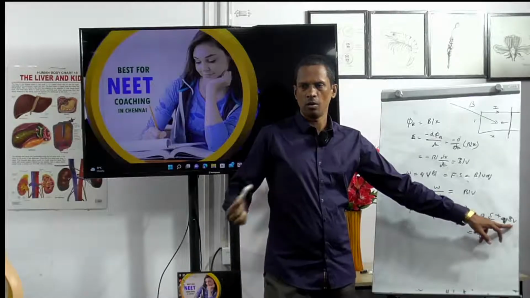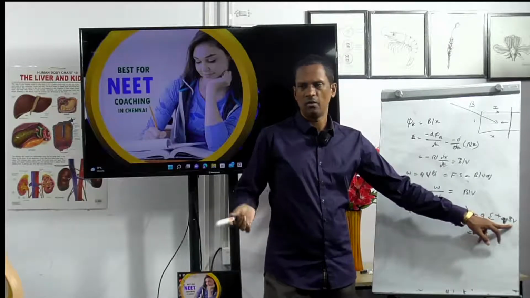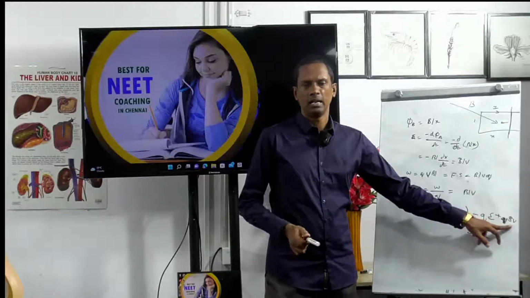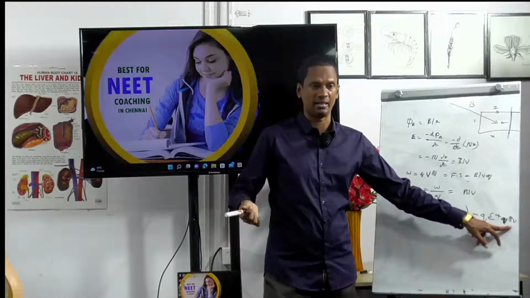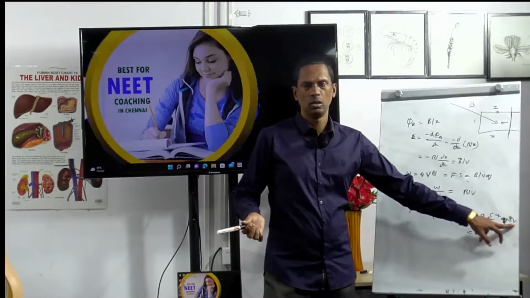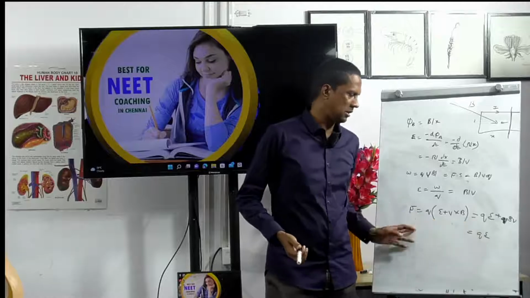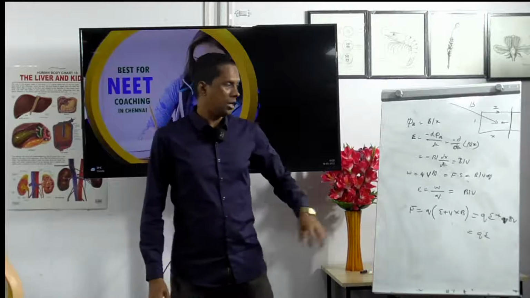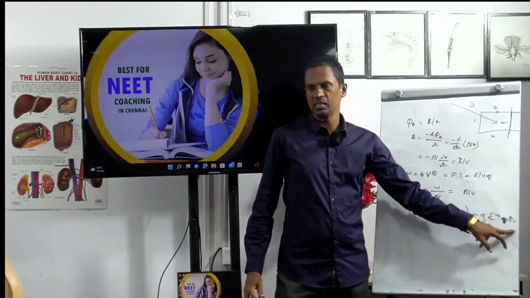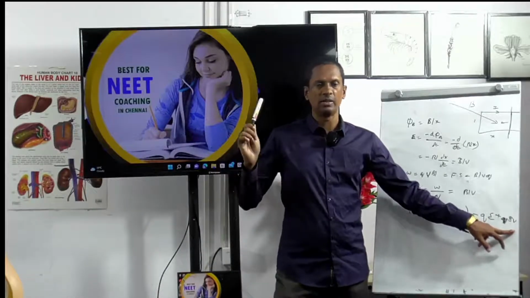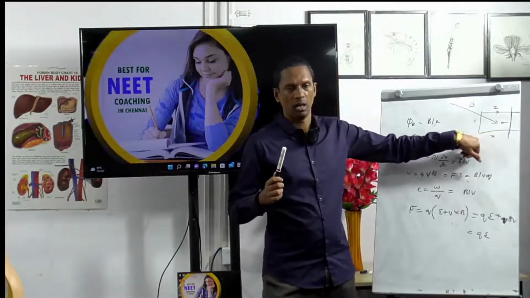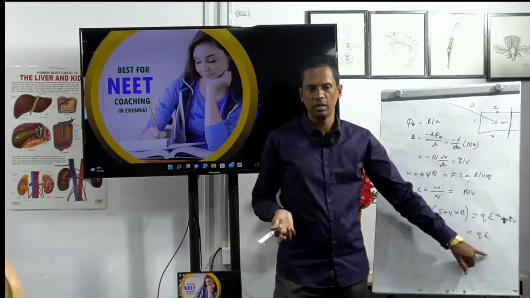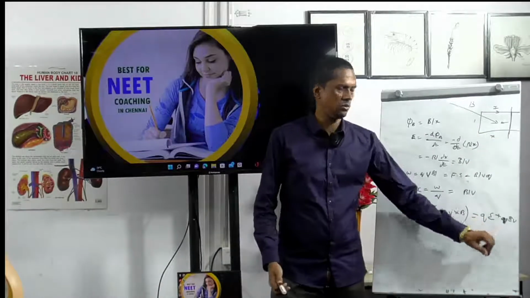When it's moving, velocity will be there. When it's stationary, when it's at rest, V is equal to 0. So force is equal to Q into E. When it's not moving, the V term is 0.